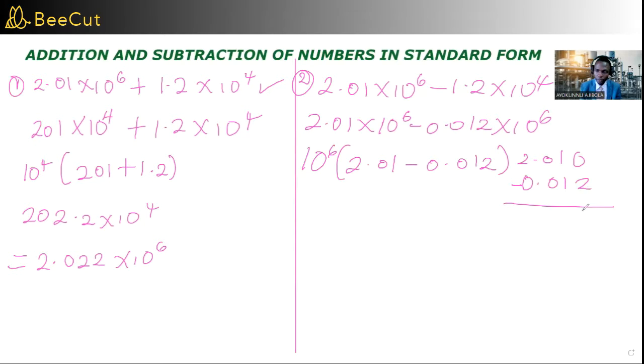What is 10 minus 2? 8. Then this is 0 minus 1. It's not possible. You borrow 1 again. What is 10 minus 1? 9. And this is 9 because of what you have borrowed. And this is 1 minus 0, that's 1. So 1.99. That means the answer is 1.998 times 10 raised to the power 6.